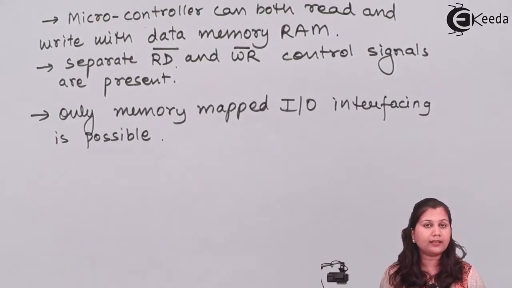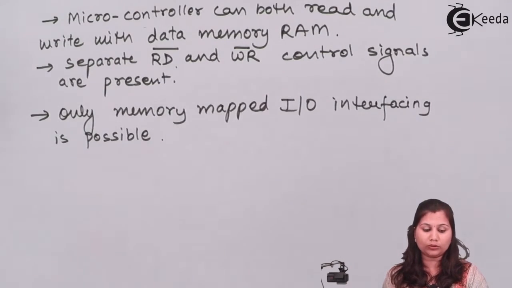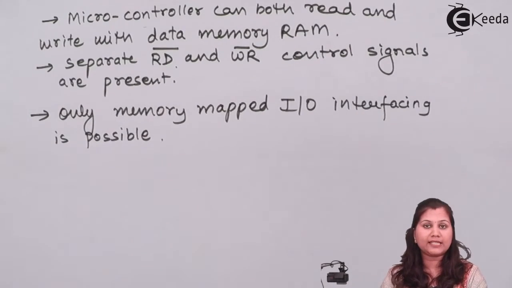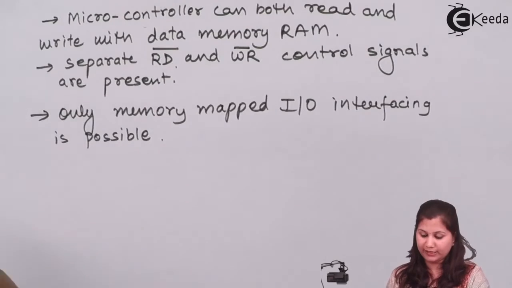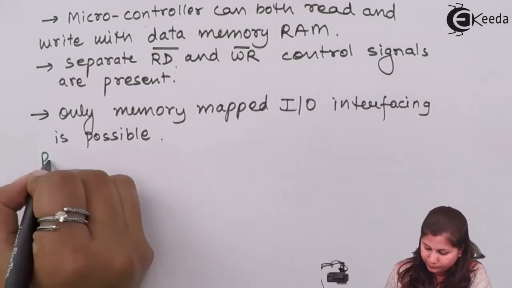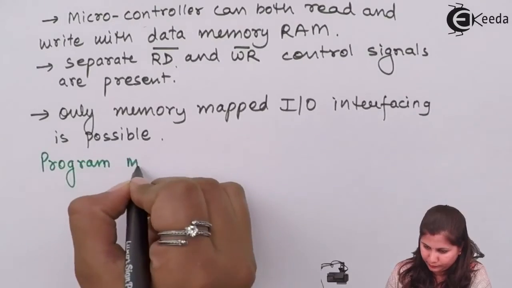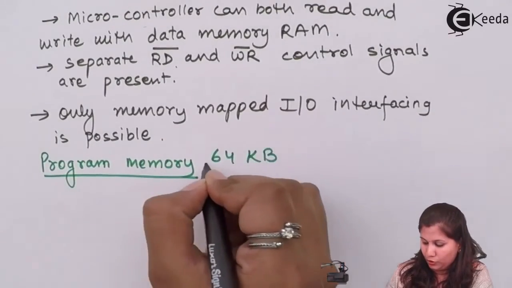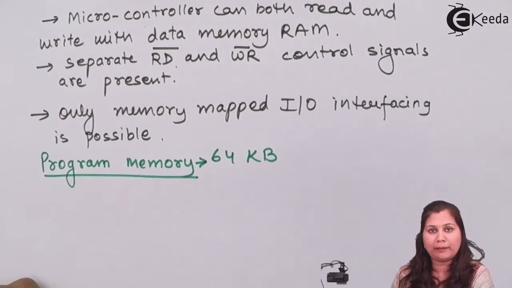So now let us study this program memory in detail, that is, how in 8051 this program memory is divided. We have the program memory as 64 kilobytes, and we have 16-bit registers for addressing this program memory. So 64 kilobytes of program memory is there.